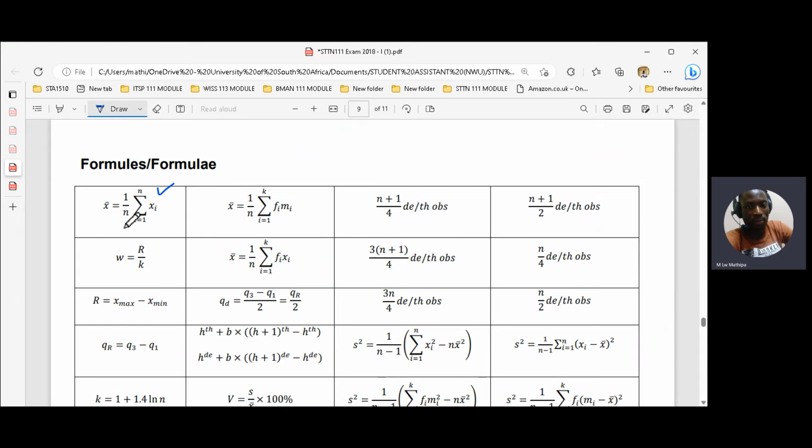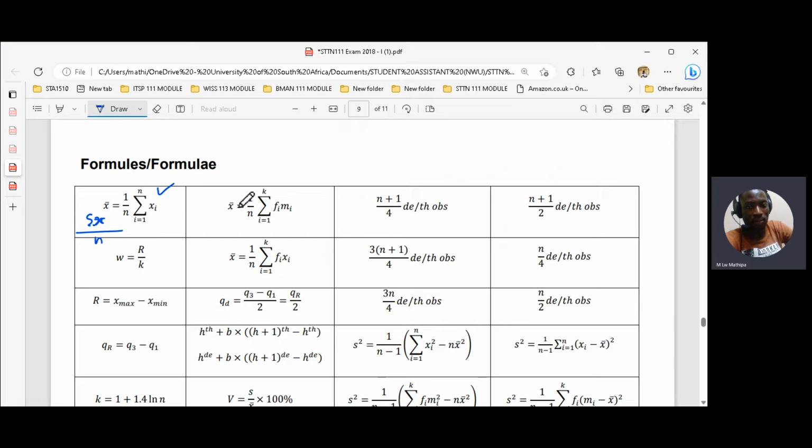You see this formula here, it's for ungrouped data. Most of you will be confused when you see that, but if you check when I was explaining, it was the summation of xi divided by n. This is the same thing. You can just say the summation of x divided by n.